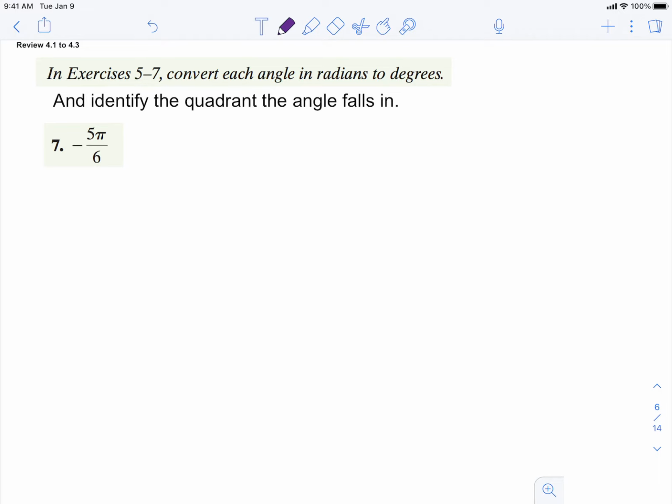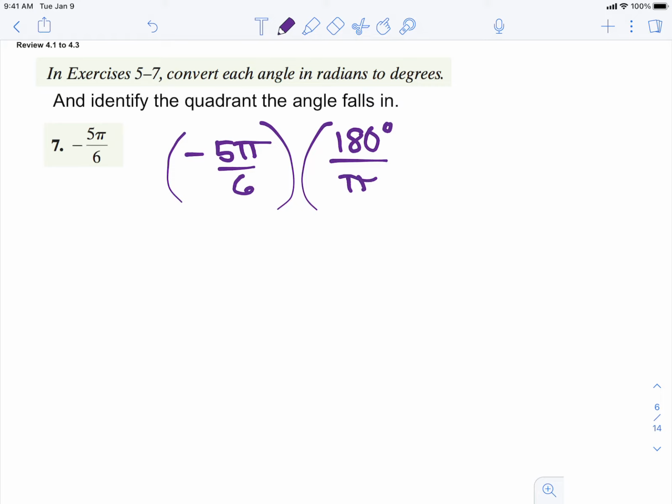Convert from radian measure to degree measure. So we're going to use that ratio again, but we're going to change it so that 180 degrees is now in the numerator, and then pi is in the denominator.